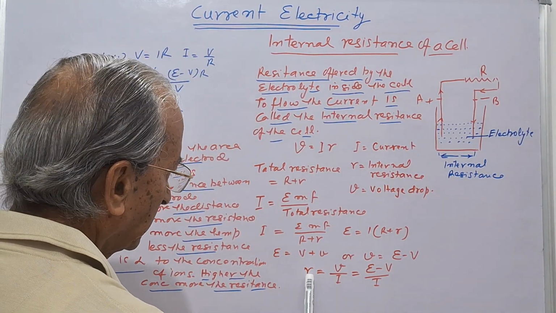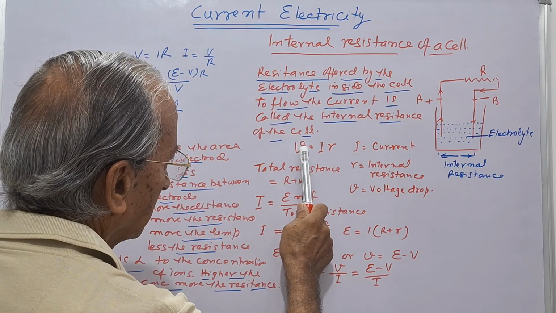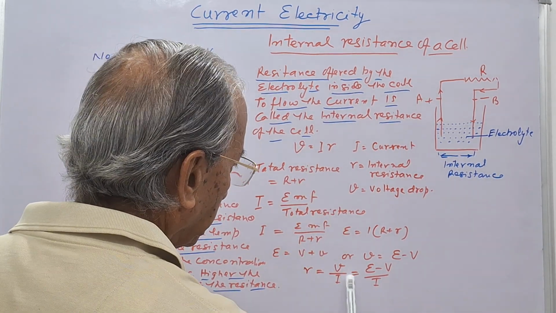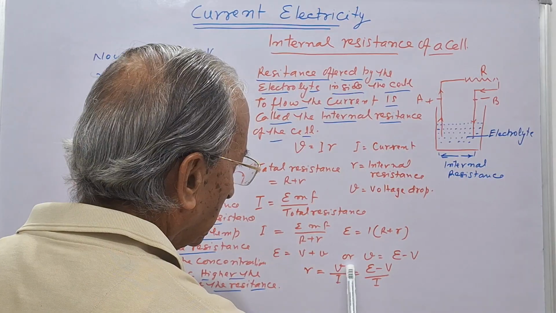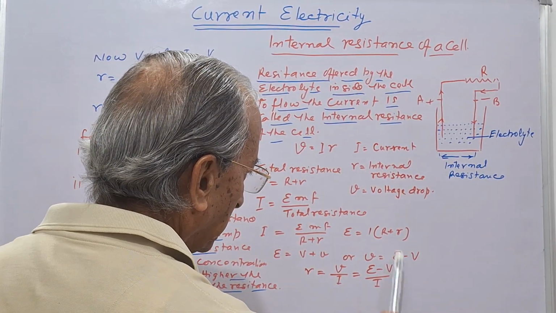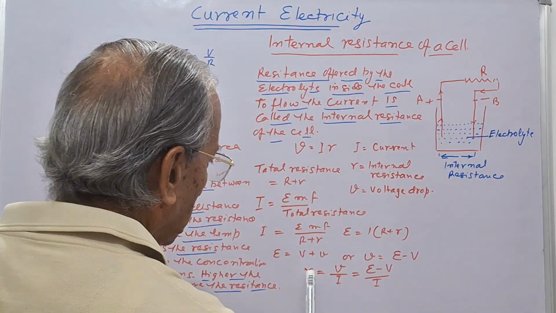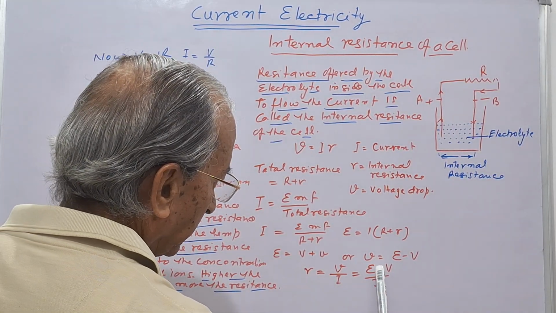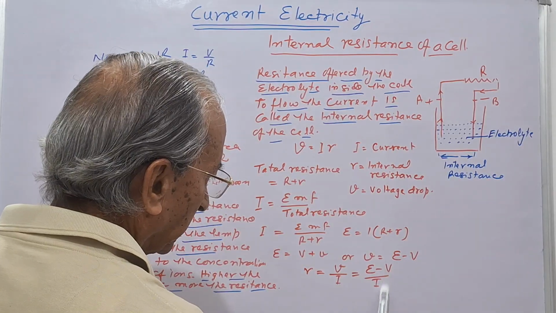So r is equal to the drop in the voltage upon the current, and this drop in the voltage, small v, is equal to EMF minus terminal voltage. So the internal resistance is equal to EMF minus terminal voltage upon the current.